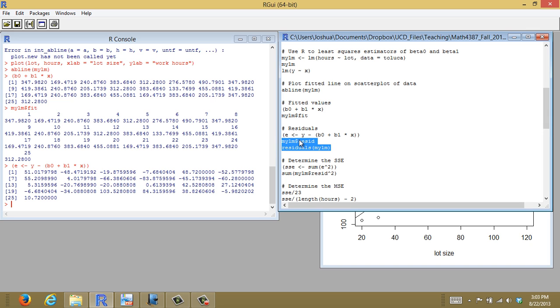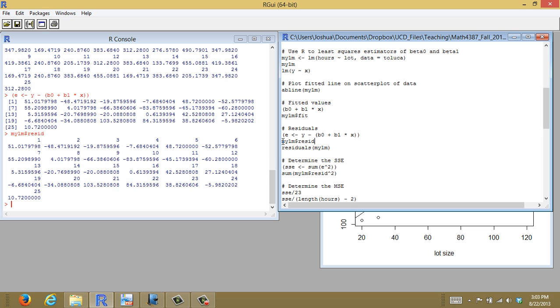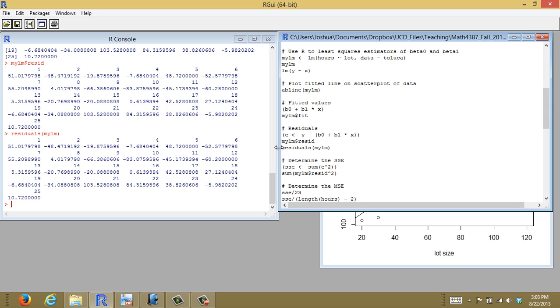If I take my mylm object, my linear model object I've already saved, and do $resid, that will also provide me with the residuals. Or I can use the residuals function on mylm, and that will also provide me with residuals. One thing you might check here is that if we sum the residuals, we should get 0 or something numerically close to 0.